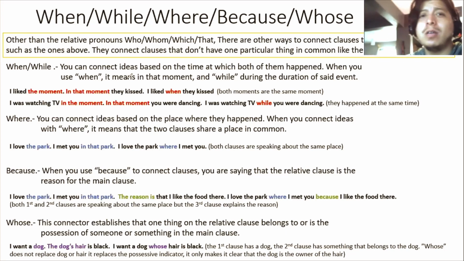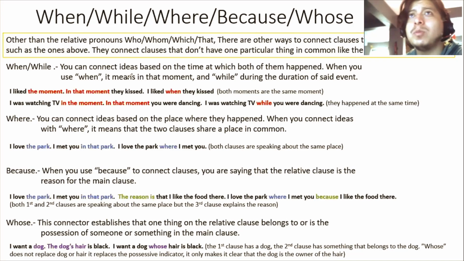Las dos oraciones están conectadas únicamente porque ocurrieron al mismo momento. Lo mismo con "while", solo que "while" hace más énfasis en durante, o sea, al mismo tiempo. Digamos que los tiempos están como encimados, ¿sí?